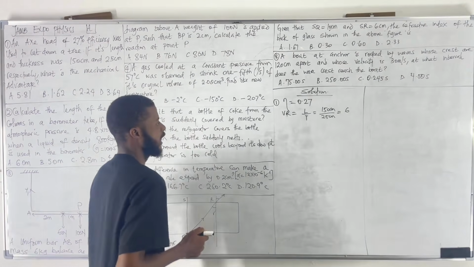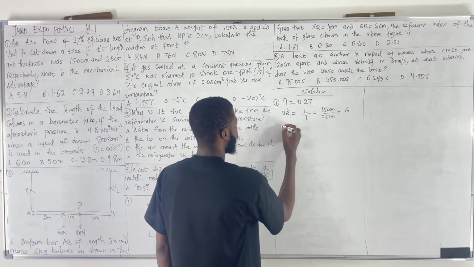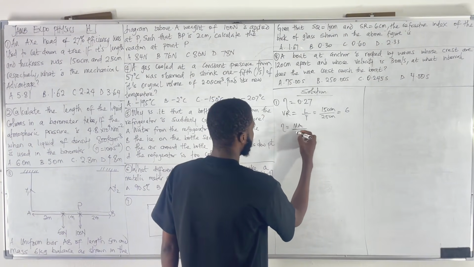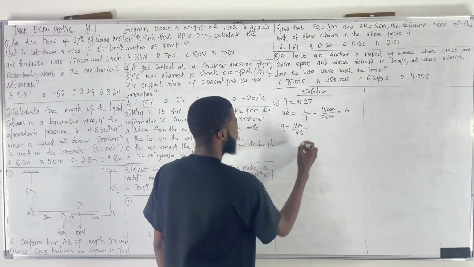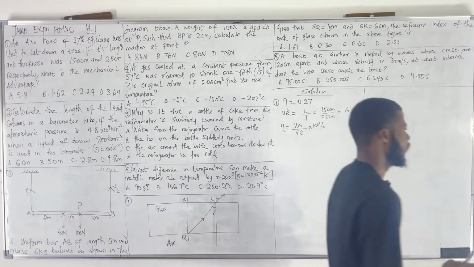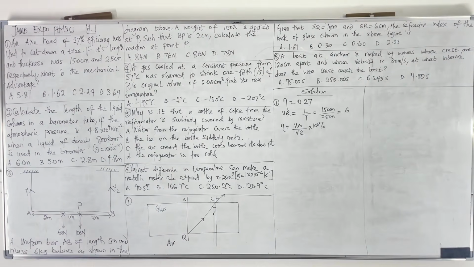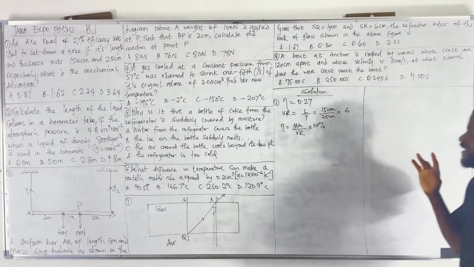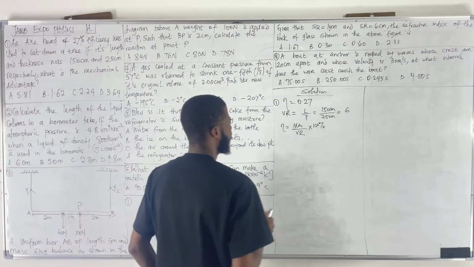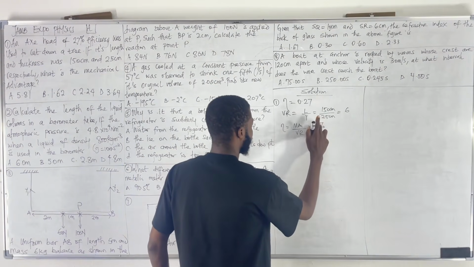We're asked to find the mechanical advantage. First, remember that efficiency is mechanical advantage divided by velocity ratio times 100%. Sorry about that.